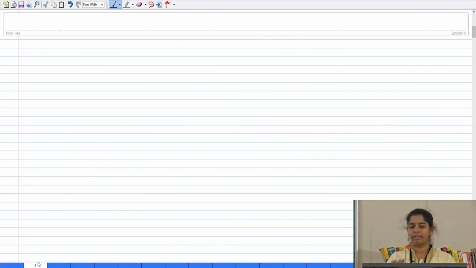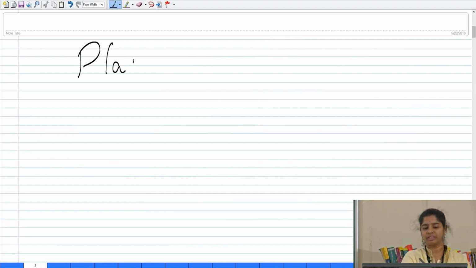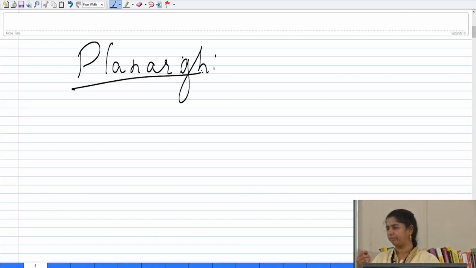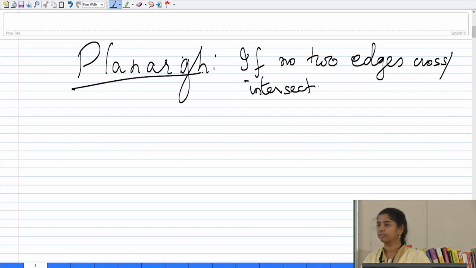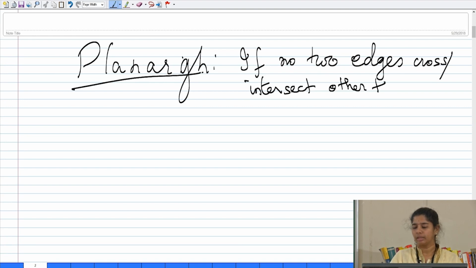So the first part, the definition of a planar graph, as we have seen. If two edges do not cross, then we say it is a planar graph. So if no two edges cross or intersect other than at vertices. I am giving you a loose wording, so do not take this as a formal definition, it is just for your understanding.